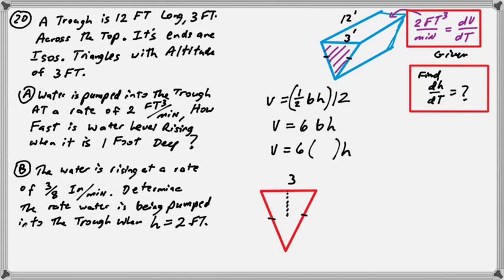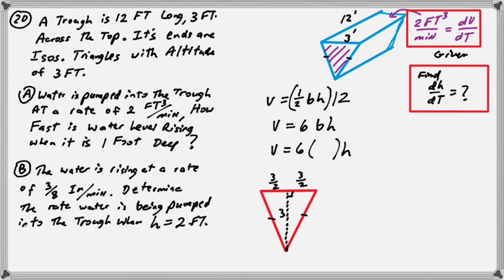And if you drop an altitude here, it says altitude is 3 feet also, right? So that makes this 3 in the top become half of 3 and half of 3 if you were to divide it. Is that correct?